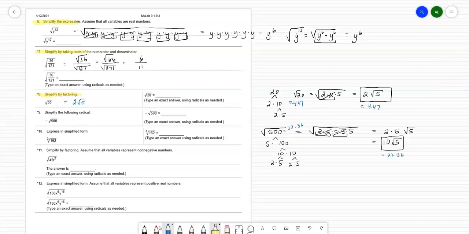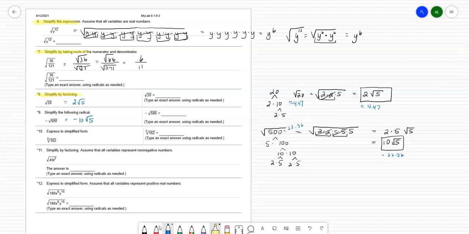So I'm just checking to make sure that my answer lines up with this approximation. So to simplify the negative square root of 500, that's a negative 10 square root 5. And now we're moving to number 10.